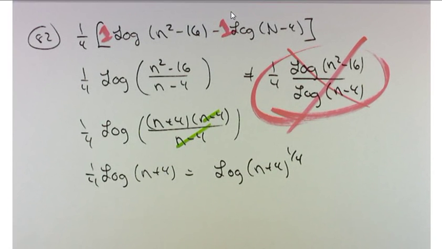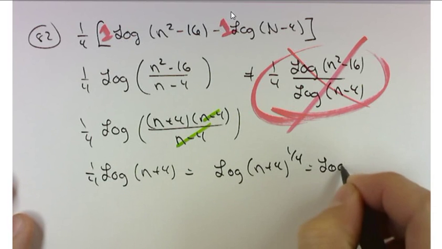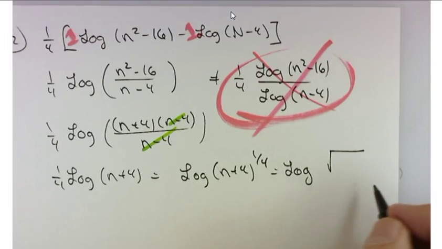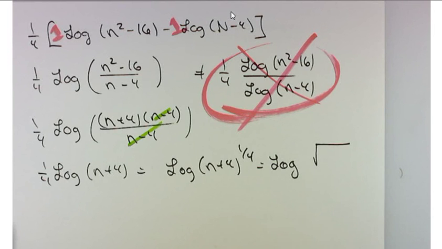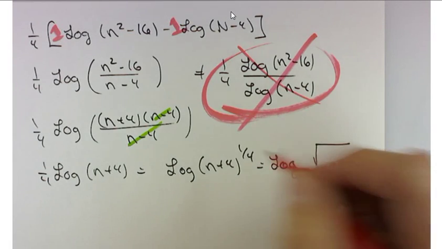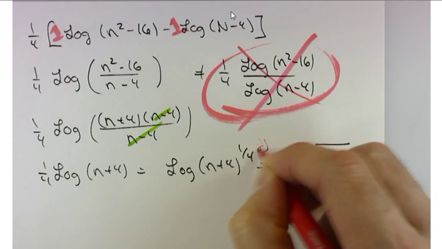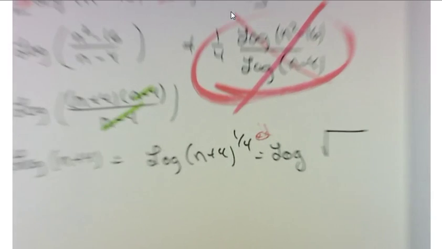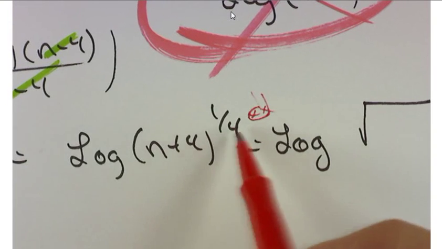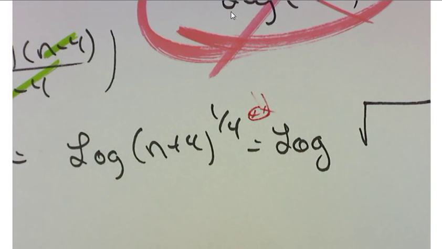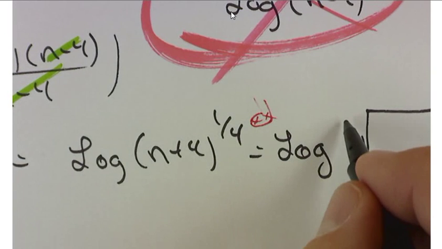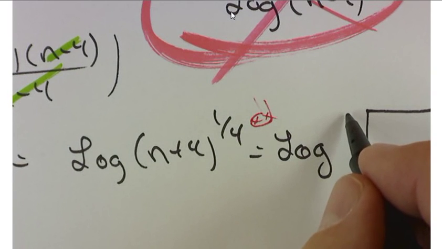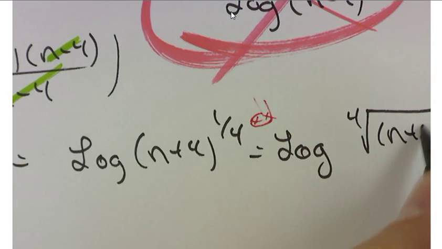All right. Now, in my book, they don't write it with an exponent, they write it with a radical. So, Rachel, what radical would go with this? Remember our little boot method? 4 comes over, the 1 drops down. It's going to be what root? 4th root of n plus 4 to the first power.